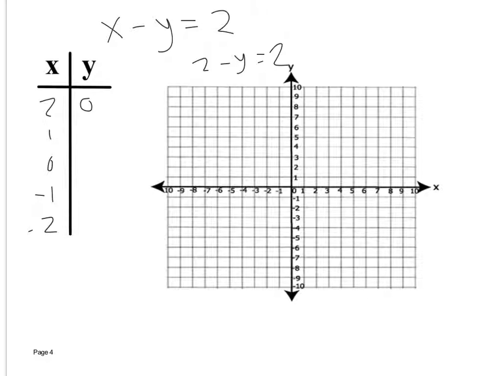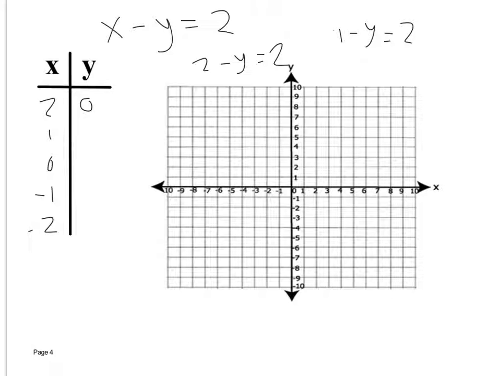Let's do 1. 1 minus Y is equal to 2. I did that backwards. Sorry, I'm off today. What does Y have to be to make this a true statement? 1 minus Y equals 2. -1. 1 minus -1.